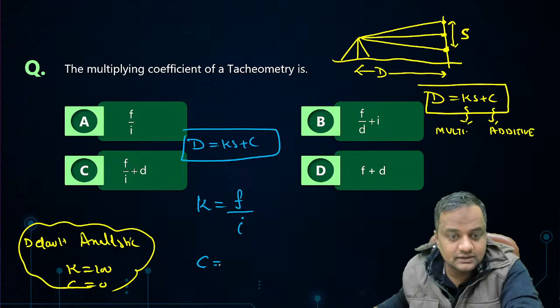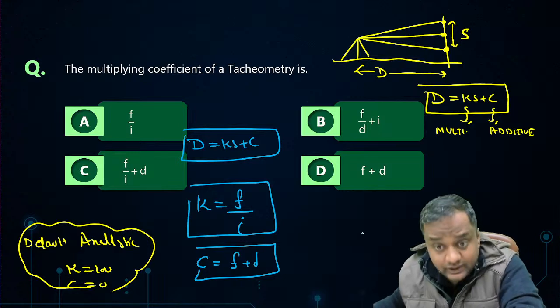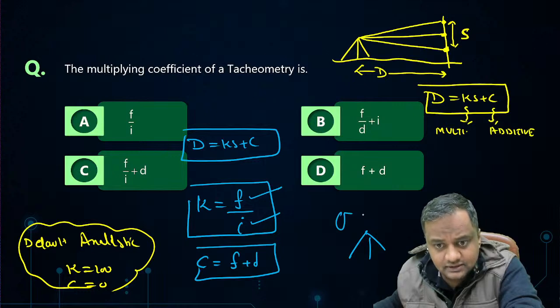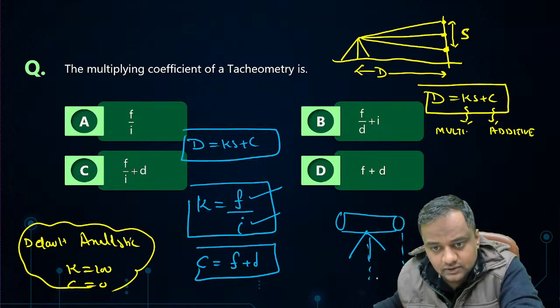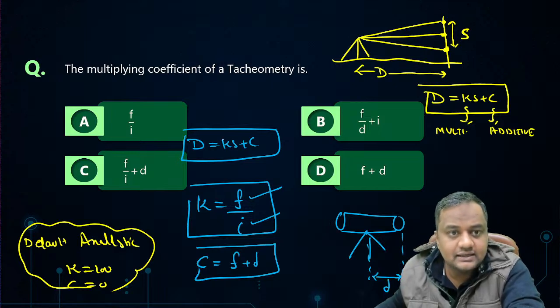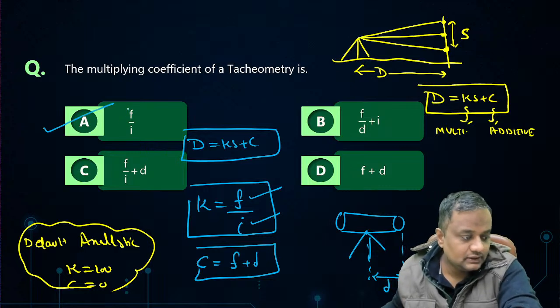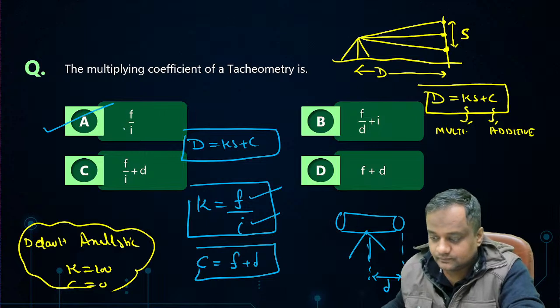And what is C? C is f plus d. What is d? Suppose this is the telescope, so from here to here, this distance is called d. So they are asking K, so K will be f by i. Got it? Give me yes or no.